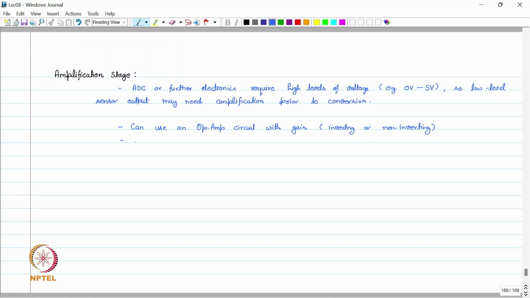If the signal needs to be DC shifted, we can use an op amp level shift circuit.